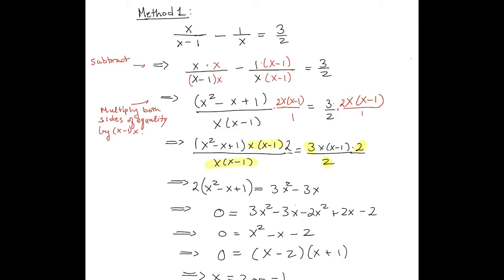When we do that, we can see that the x times x minus 1 over x times x minus 1 cancel on the left-hand side, and the 2's cancel on the right-hand side. So we get the following equation.